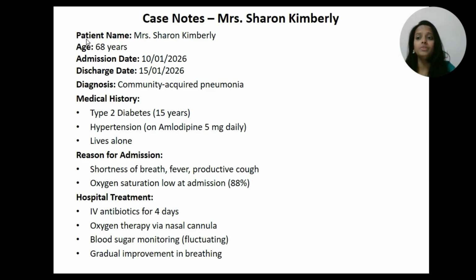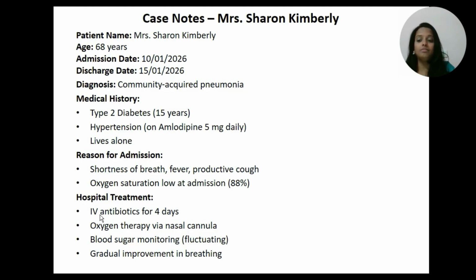Patient name is Mrs. Sharon Kimberly. Age 68 years, admission date 10/1/2026, discharge date 15/1/2026, diagnosis community acquired pneumonia, medical history type 2 diabetes for 15 years, hypertension, lives alone. Reason for admission: shortness of breath, fever, productive cough, oxygen saturation low at admission.